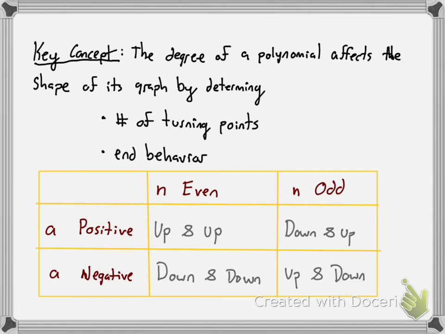The different kind of end behaviors that you could have is up and up, down and up, down and down, and up and down. And what determines that is the highest degree of that polynomial and the a value or the coefficient in front of the x value with your highest degree. So again, I'll pause this video, write this chart down very clearly, and highlight it.